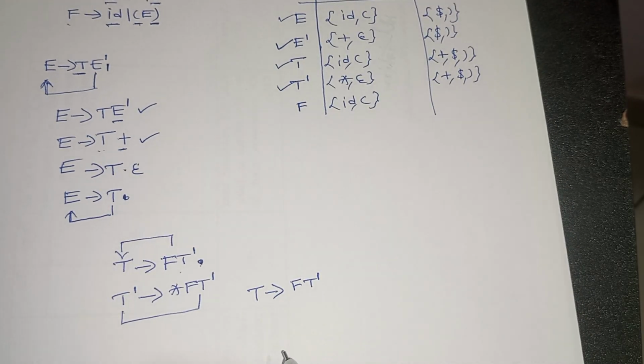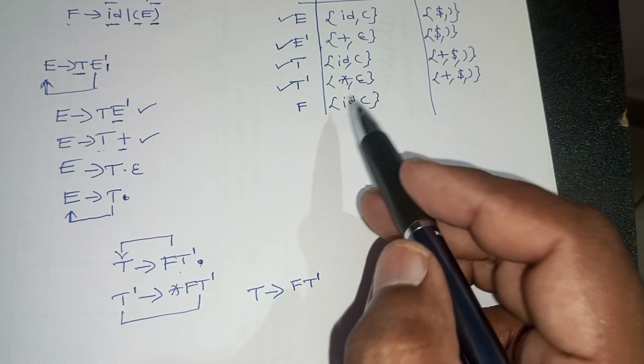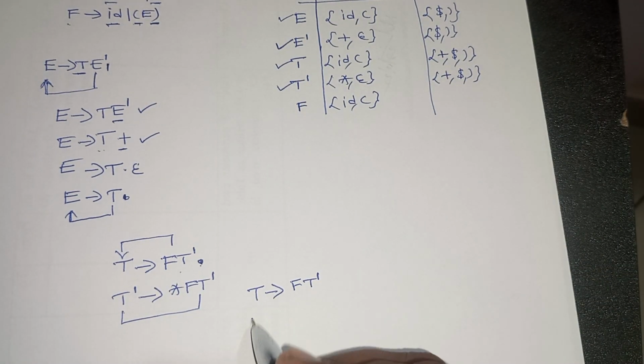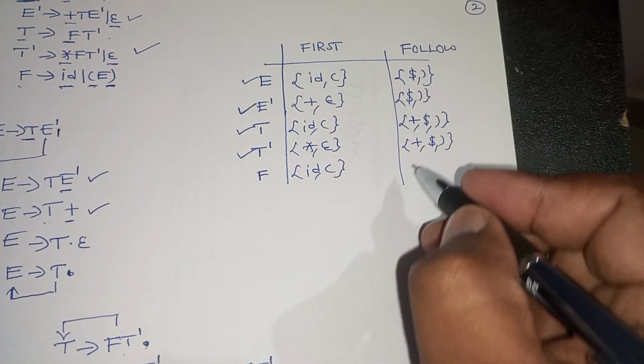Now what is the follow of F? First of T dash. What is the first of T dash? So star, epsilon. You write first, you replace star, T tends to F, you write star. What is the follow of F now, which is present at the RHS? So star.